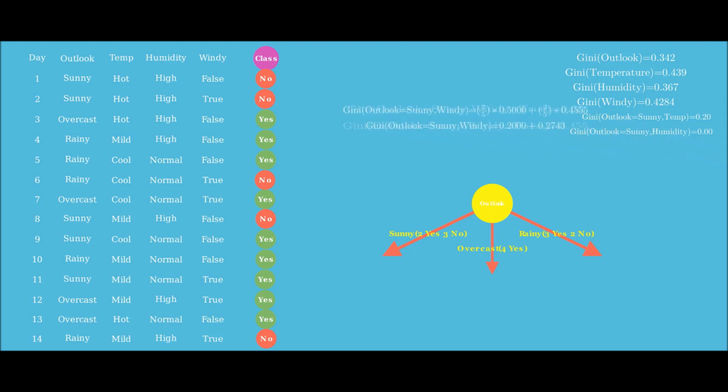So below the sunny branch, humidity will be the subnode because Gini index for outlook sunny, humidity is equal to 0, the lowest value of Gini index. So that would be the subnode.